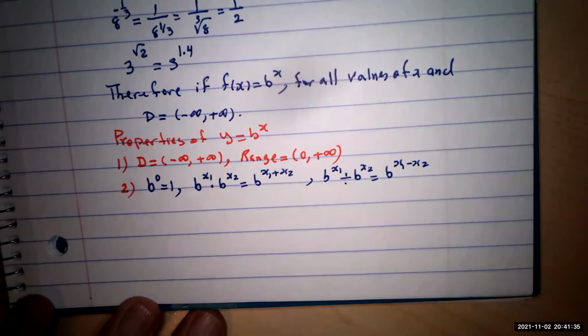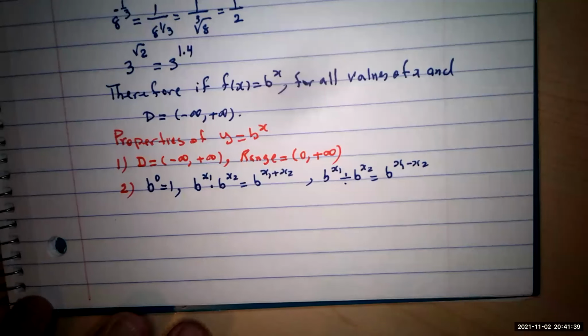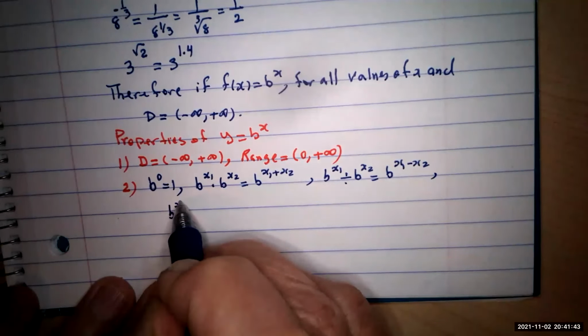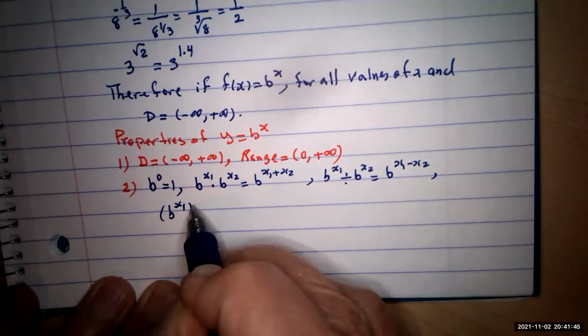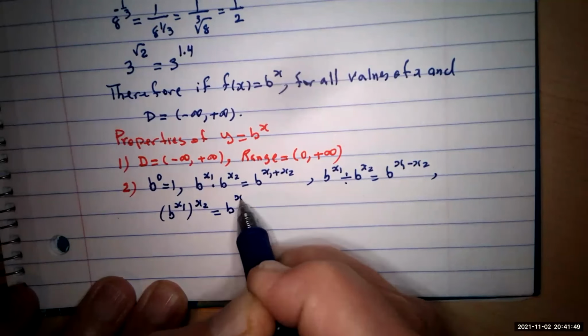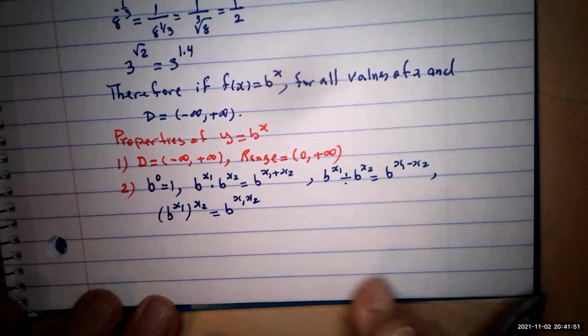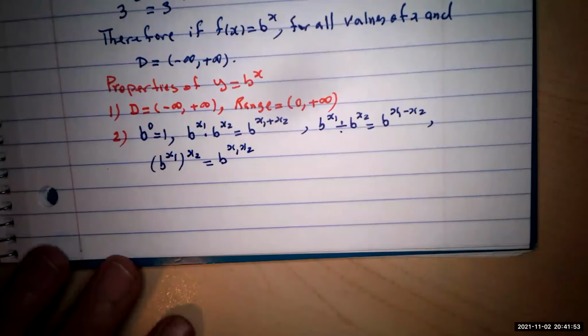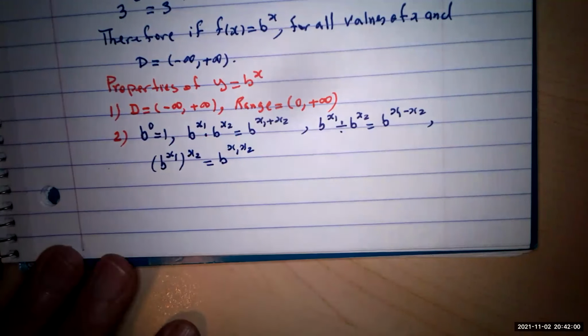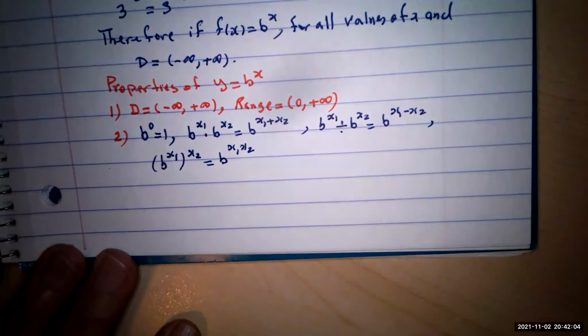If you divide, you subtract the exponents. If you multiply, you add. And the last one is that if you have an exponent, b to the x1, raised to the x2, that gives you b to the x1 times x2. Some of them are going to be used, so we just want to make sure you remember them. Any question? These are the usual ideas from algebra.